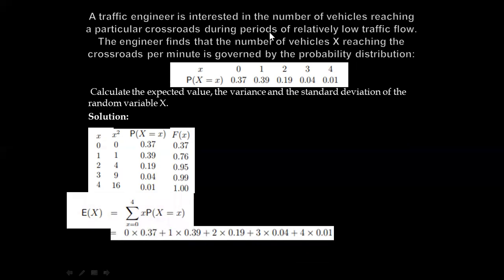Substituting the values: 0 times 0.37 plus 1 times 0.39 plus 2 times 0.19 plus 3 times 0.04, and lastly 4 times 0.01. This gives us a value of 0.93.